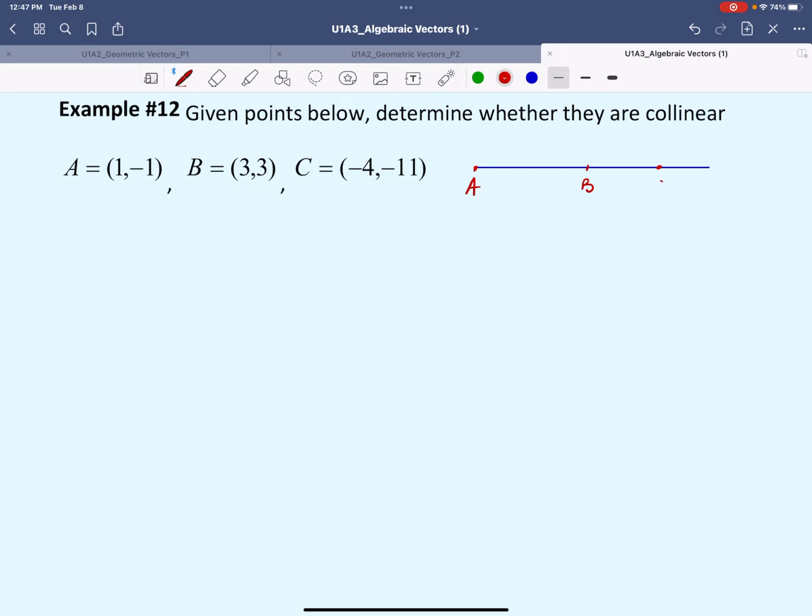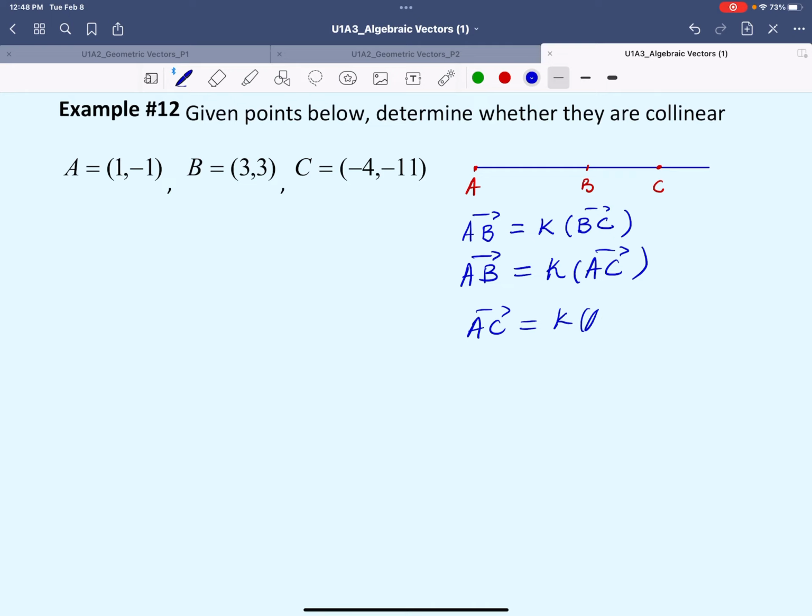Okay, so here is some point C. And we should be able to express AB as a scalar multiple of BC, or we can have AB equals a scalar multiple of AC, or AC equals a scalar multiple of AB.